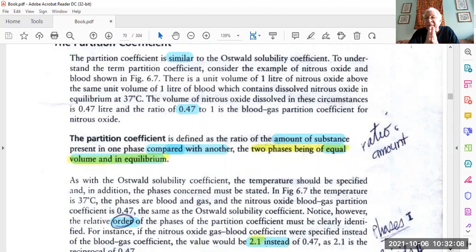What is the statement of the partition coefficient? Partition coefficient is similar to that of Oswald, but we say the amount of substance present in one phase compared to the other.